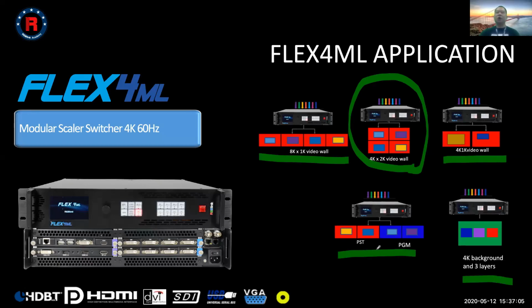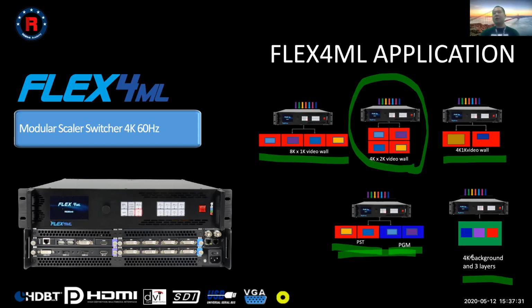Let's check this one first. The Flash4ML can do the preview with 2 main outputs and then take the transition to the other 2 main outputs to make sure everything is monitored.